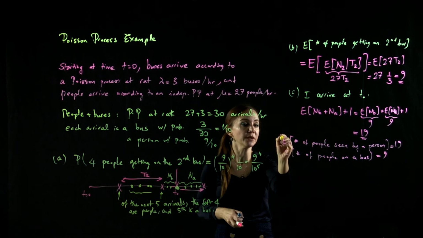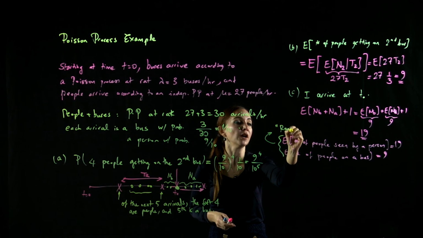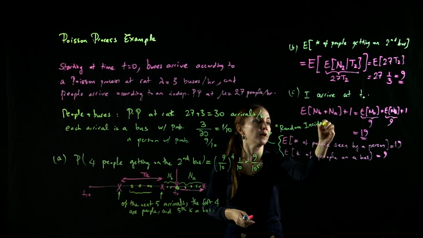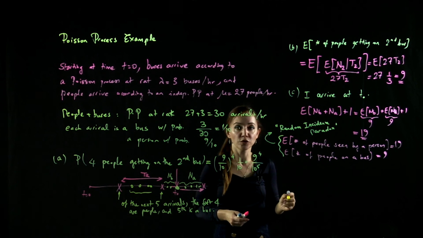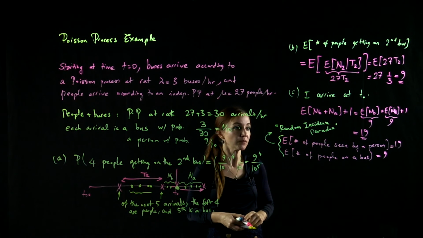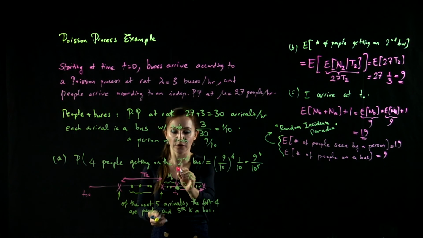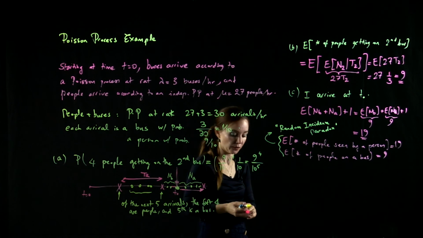So this discrepancy is sometimes known as the random arrival paradox or random incidence paradox. It seems paradoxical. Of course, it is not a paradox because it just says that if you sample an interval at random, you are more likely to sample a larger interval.